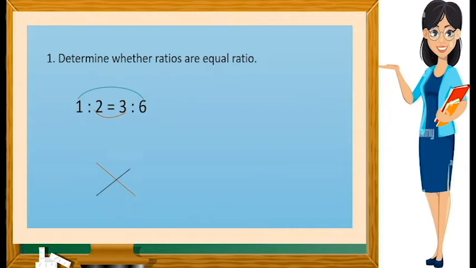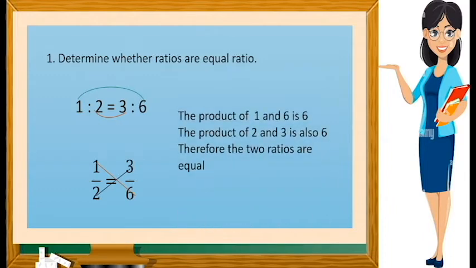Find the product of extremes, that is 1 times 6 is equal to 6, and the product of the means, which is 2 times 3, is equal to 6. So the product of the extremes and the product of the means are equal. Therefore, the two ratios are equal or they are proportion.